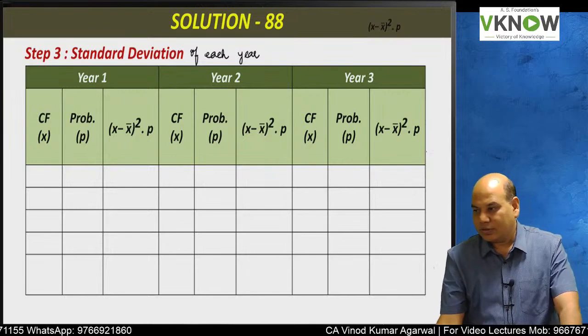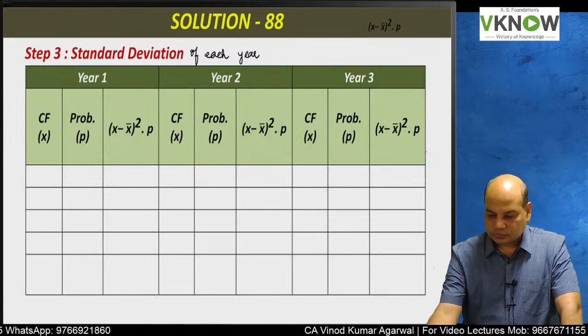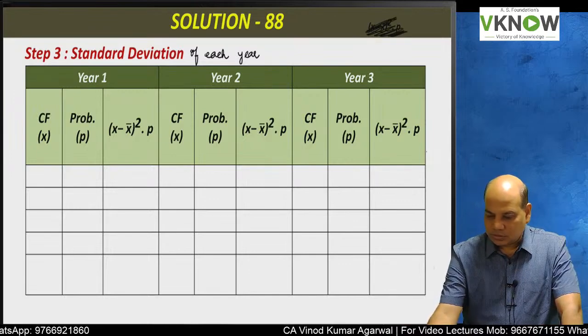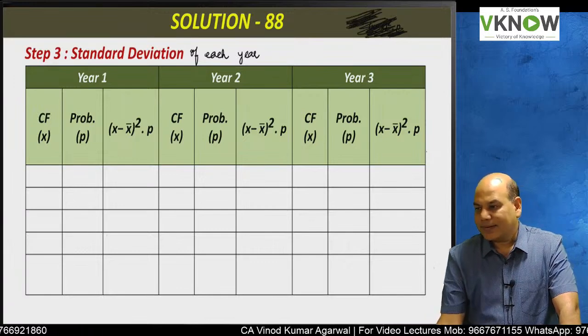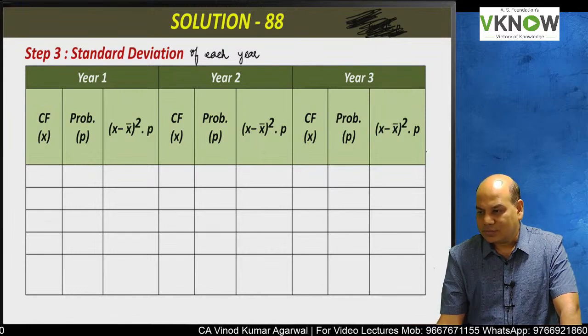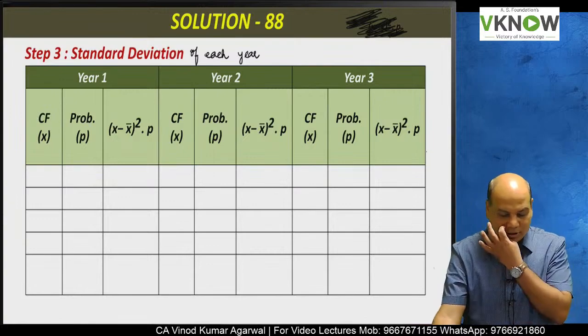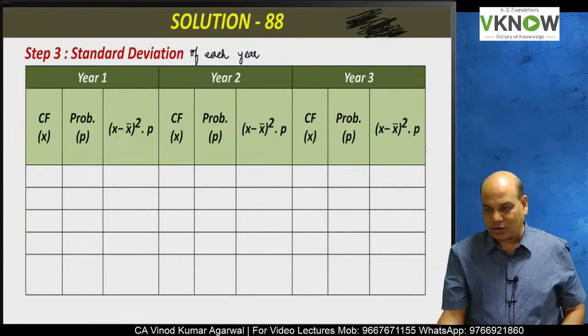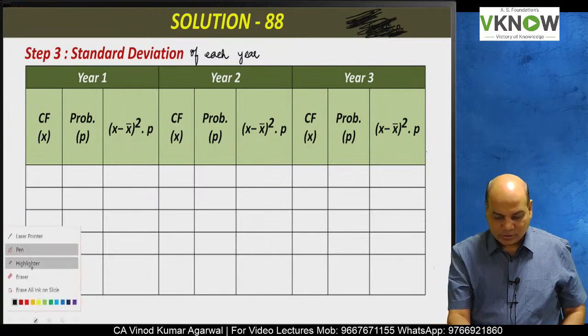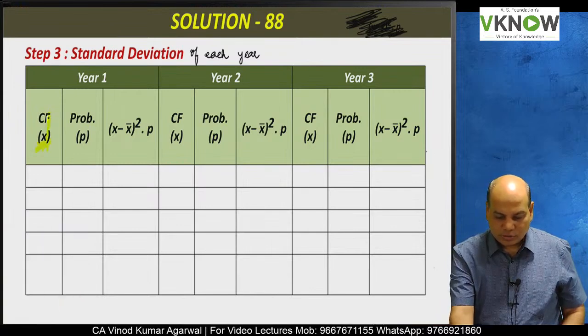Step number 3, standard deviation of each year. Again draw the same 3 columns, year 1, year 2, year 3. Under year 1, we'll draw 3 columns. This is nothing new for you.